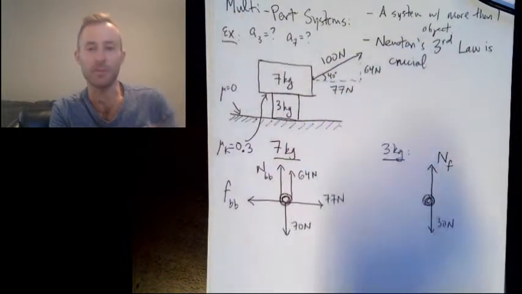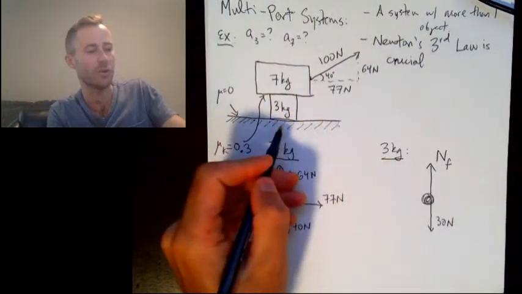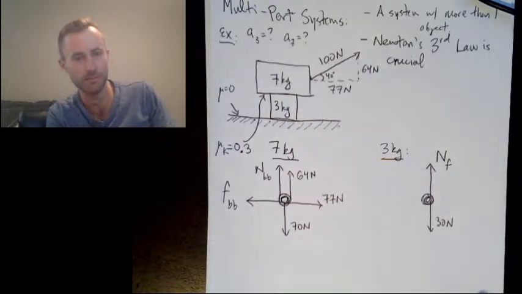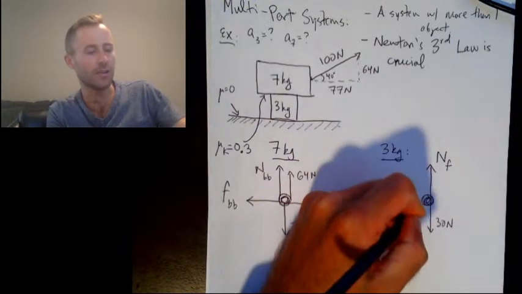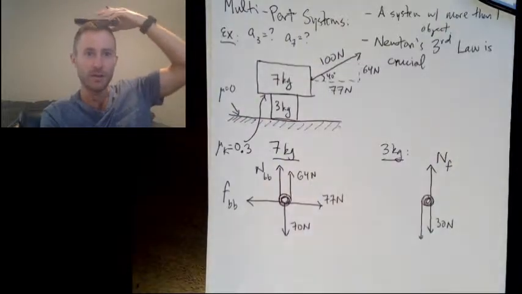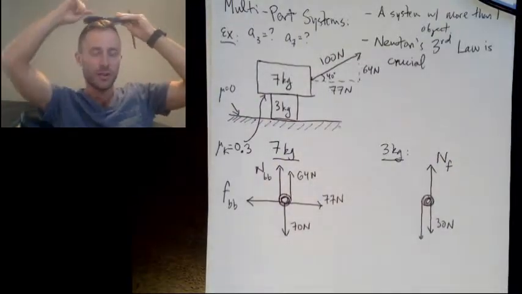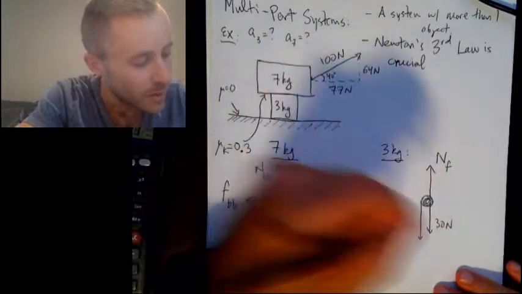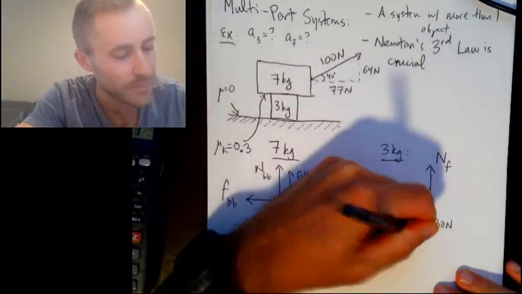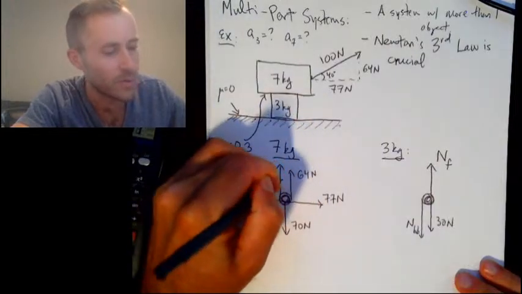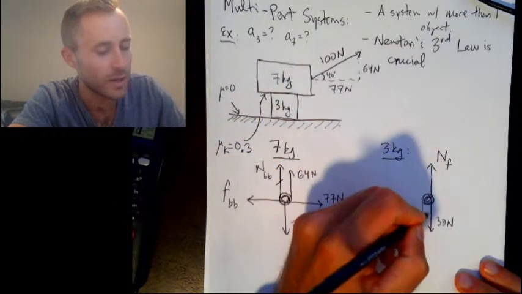I'll call that N sub F, because the floor is in direct contact with the 3 kilogram block. It has a normal force from the block above it. If you set something on your head, that thing pushes down on your head with its normal force. N sub BB.